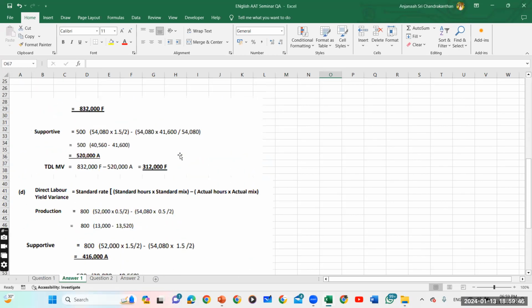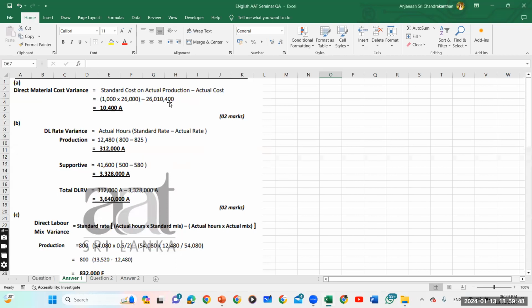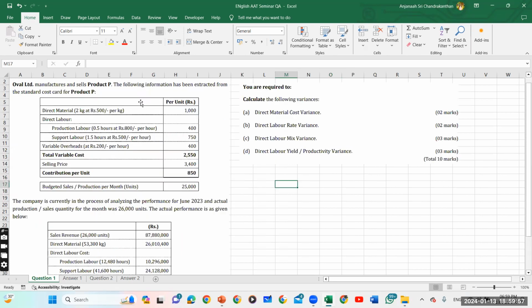Labor, we are starting with the direct material cost variance. You take the standard cost on actual production minus actual cost. So what is the standard cost on actual production? Which is 1,000 rupees per unit multiplied by actual production.